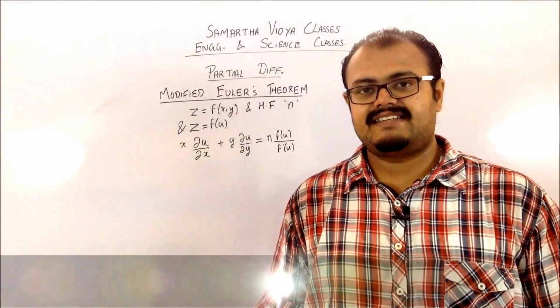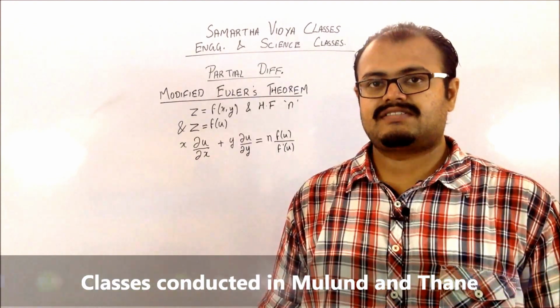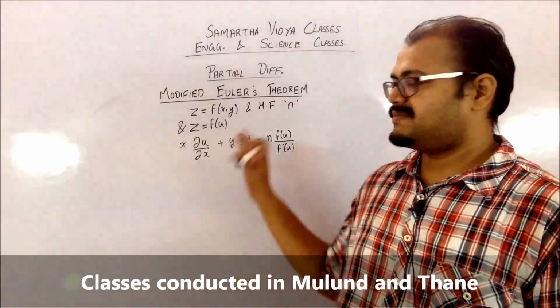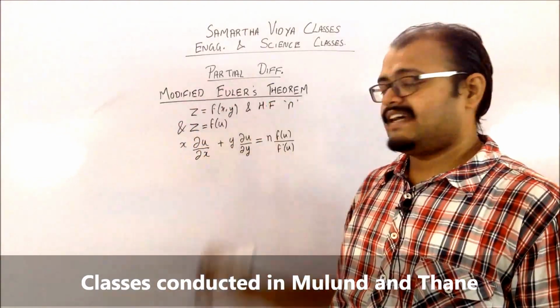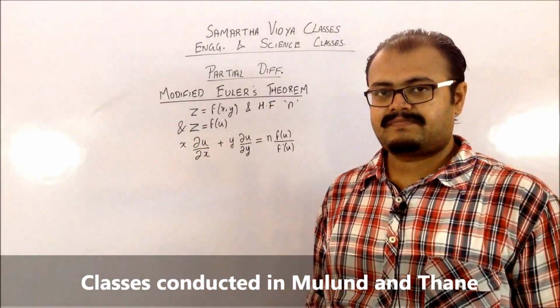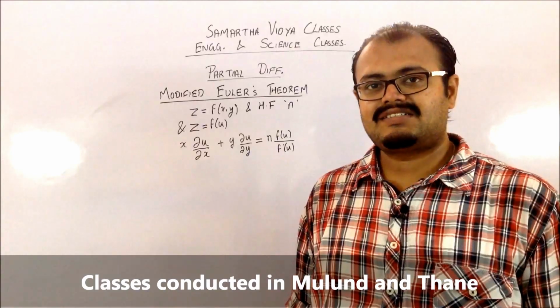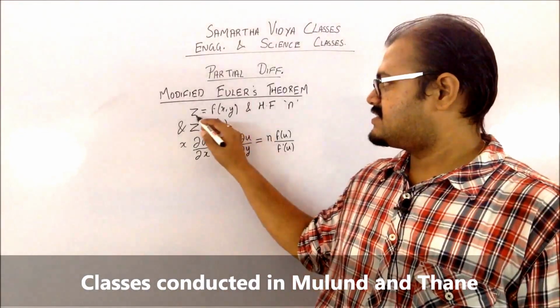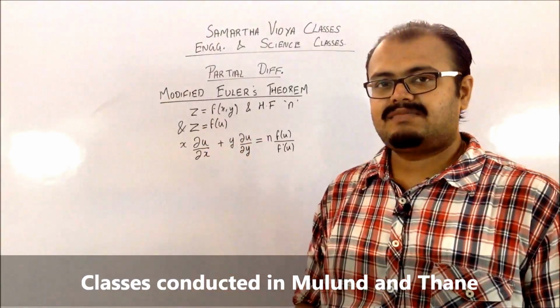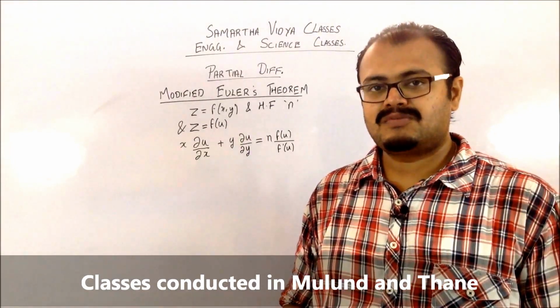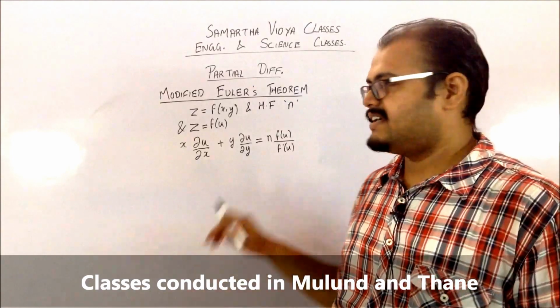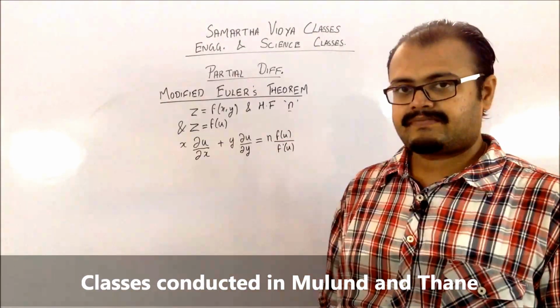So let us see the statement for the Euler's corollary. This is going to be the second corollary for the Euler's theorem, which is also mentioned as the modified Euler's theorem. In this you have to consider two things. The first thing is that z is some variable which is a function of x and y, and it is also a homogeneous function in x and y with degree n.